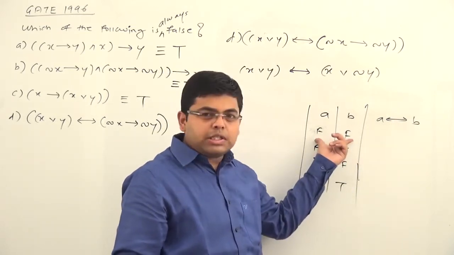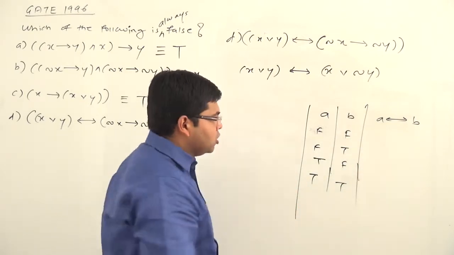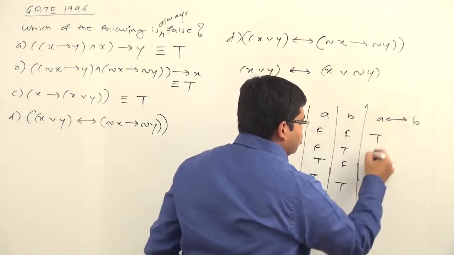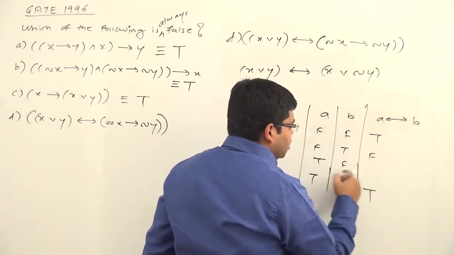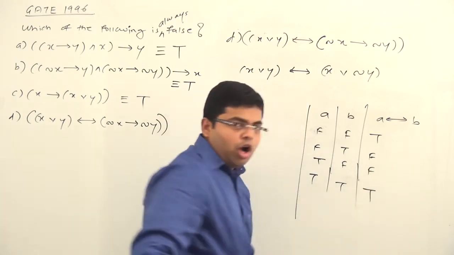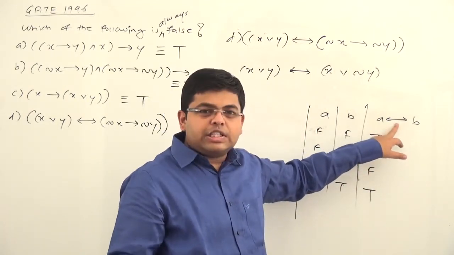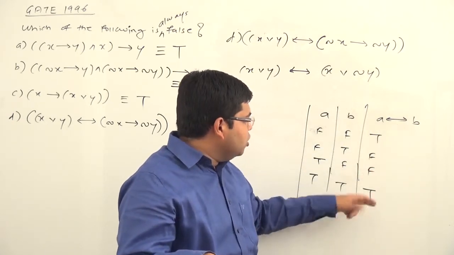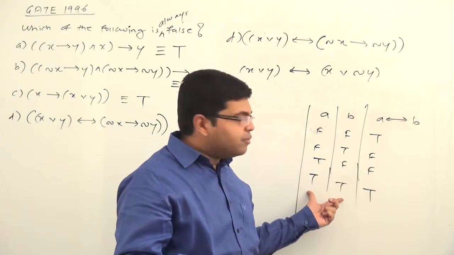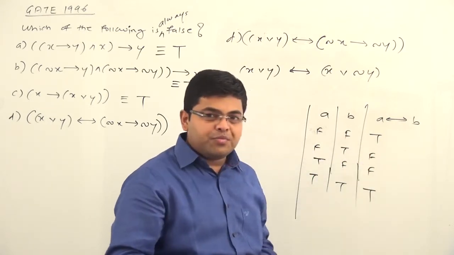When the two variables are the same, the result will be true, otherwise the result will be false. So false false will become true, true true will become true, false true will be false, true false will also be false. So the meaning of double implication is equality. Whenever double implication is true, both the sides will be equal. Whenever both the sides are equal, double implication will be true.